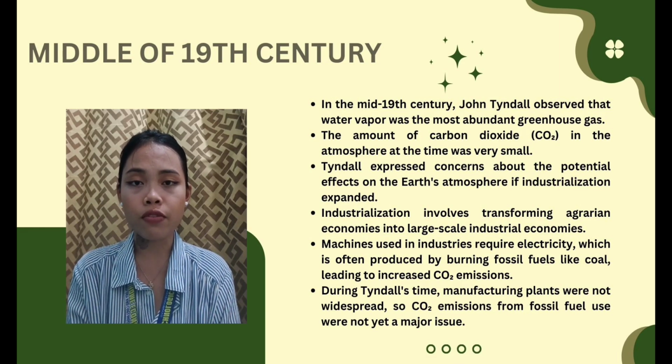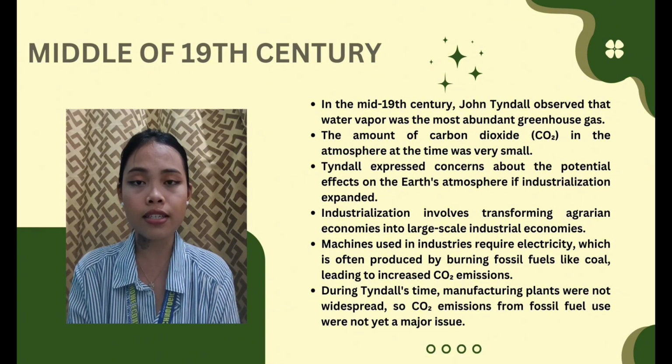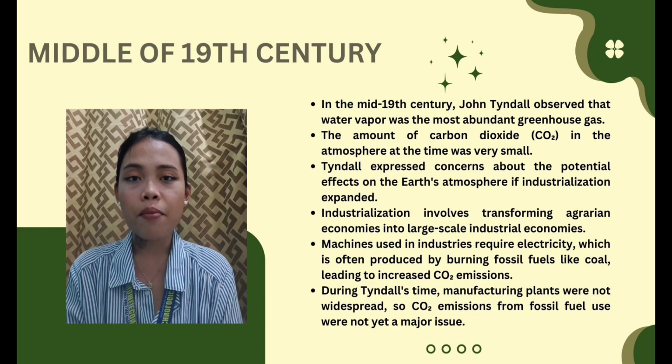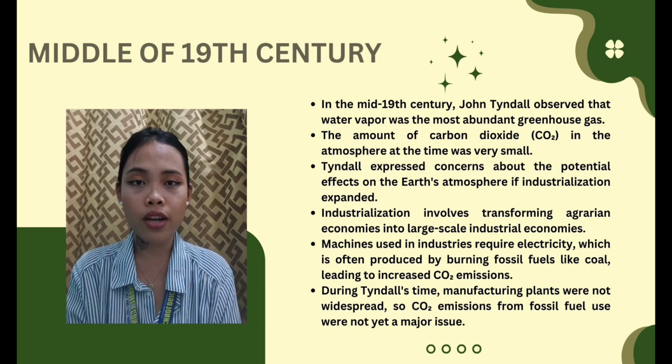This burning of fossil fuels produces carbon dioxide as a byproduct, releasing it into the atmosphere. At that time, manufacturing plants were not as widespread, and industries were not producing significant amounts of carbon dioxide. Therefore, Tyndall did not see the emissions of carbon dioxide as an immediate problem.